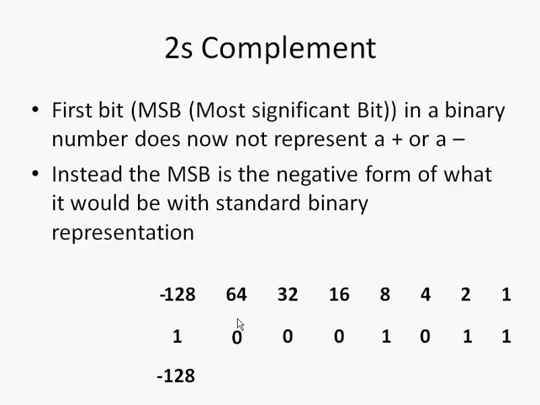There's a 0 under the 64, so we don't use the 64. Likewise with the 32 and the 16, but we do use the 8, so we're going to add 8 into our sum. We don't use the 4, but we use the 2 and the 1. Now, those numbers across the bottom there added together come out at minus 117, and with 2's complement you're always going to get a minus number. That's because the MSB, the biggest value, is a negative value.